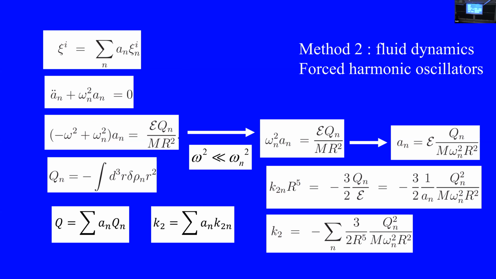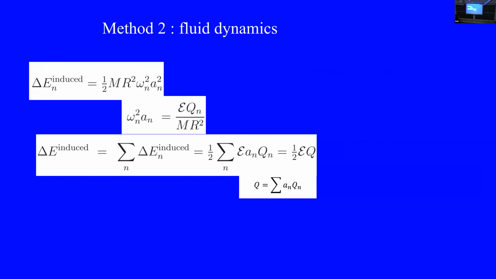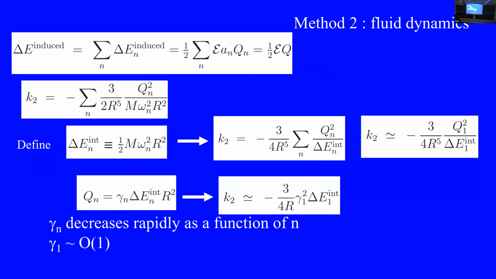And it's also useful to define this quantity, the induced energy. I go through the calculation, and I also defined on the way the internal energy, which is just the harmonic oscillator energy per harmonic oscillator, and I substitute into the original equation.